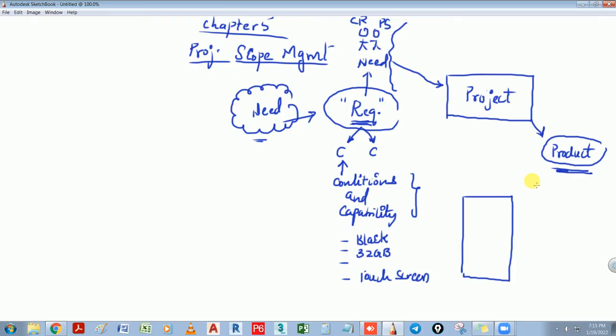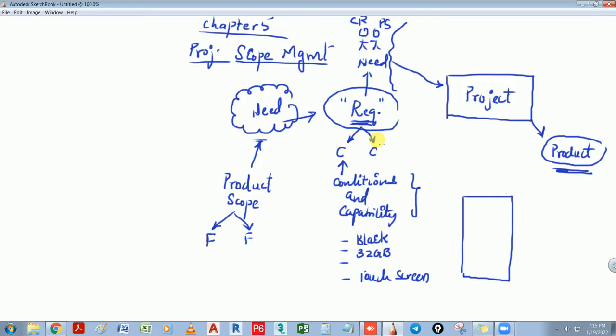Can I just tell you, this need is something like product scope. What is product scope? It is the need, what the customer wants. In other words, what does PMBOK say? He says F and F: the functions and features that must be produced, that must be available in the final product.